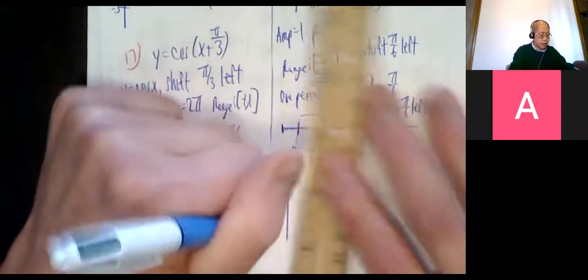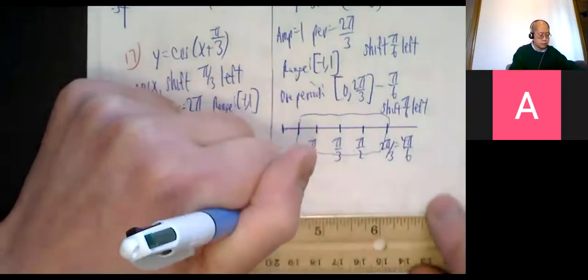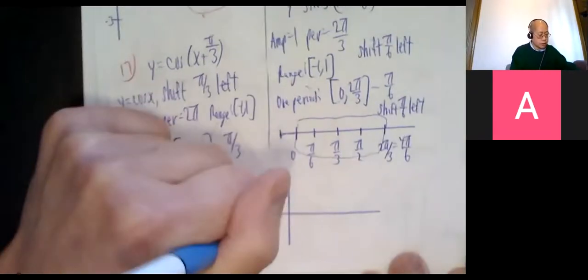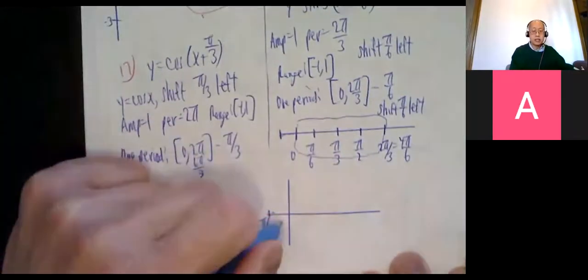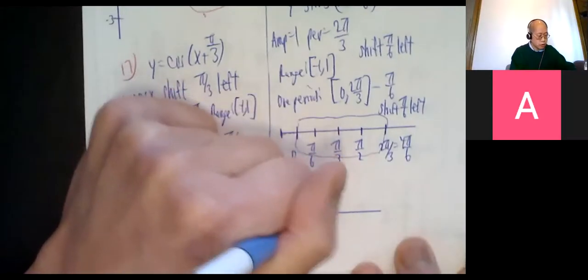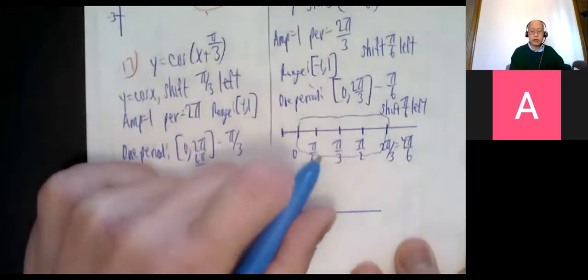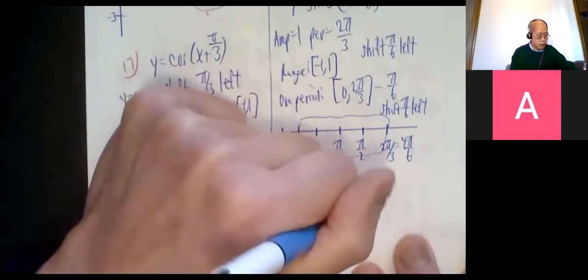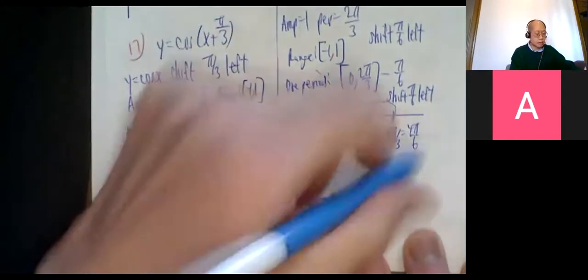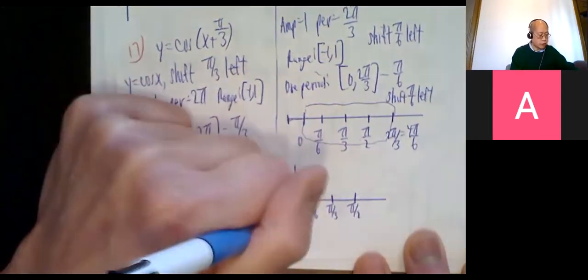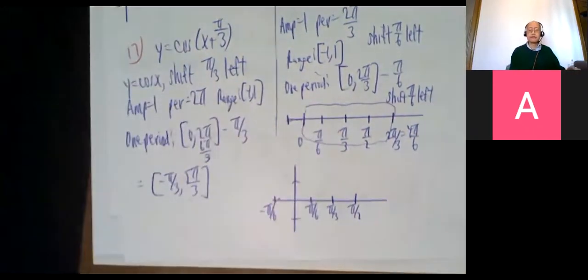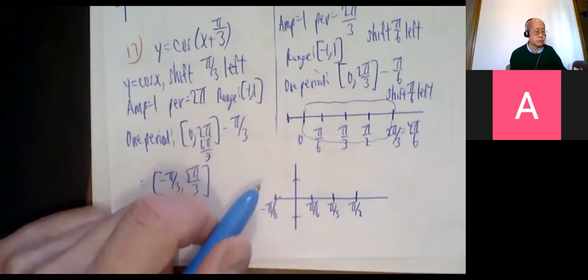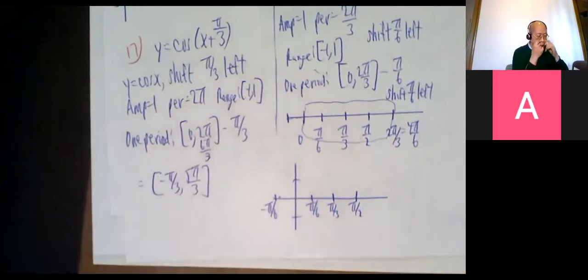Okay, so we're ready for the entire graph. So for one period, it's going to be negative pi over 6, 0, pi over 6 is halfway, 2 pi over 6, pi over 3, and 3 pi over 6, pi over 2, ends one period. There we go.